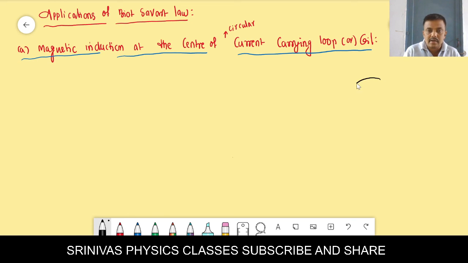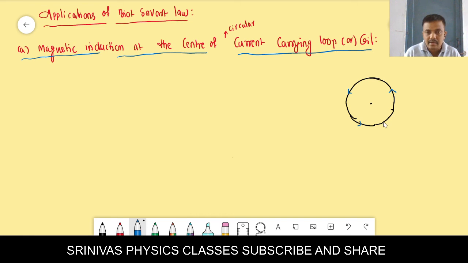This is a circular current carrying loop, and it carries some current. We can take the current as I.